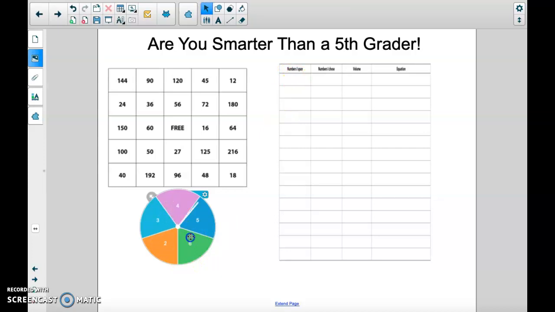So I got a 4 and a 5. And then I myself choose a number.